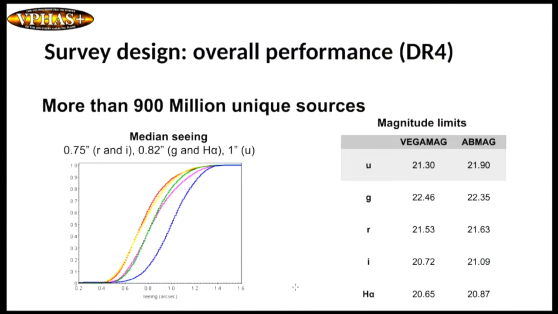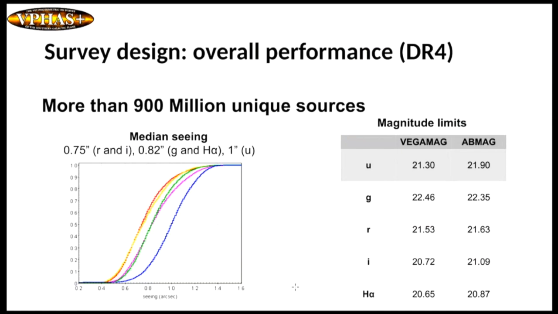Here, there are some other numbers about the survey. In particular, it's very interesting to see that the median seeing was very good, in particular for the R and I bands, and the G and H-alpha bands still had median seeing below 1 arcsecond. The U band was typically observed in less good conditions.